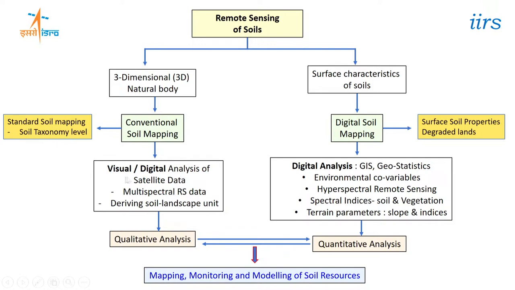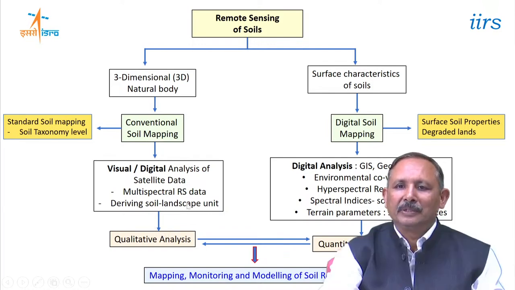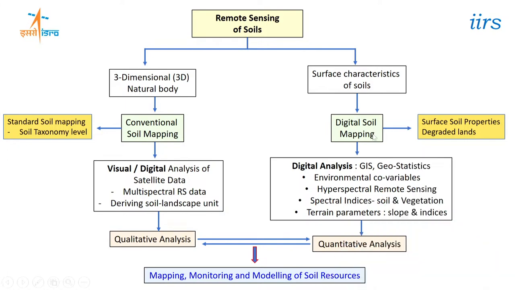We in general do visual or digital analysis of satellite data, that is, multispectral remote sensing data, where we identify and map soil landscape units. It is called qualitative analysis because, using multispectral remote sensing data, we delineate the polygons of soil landscape units.